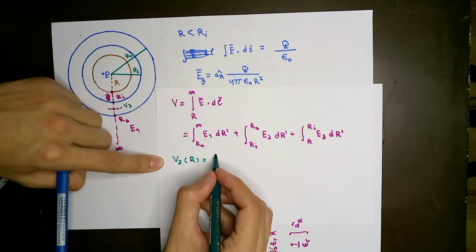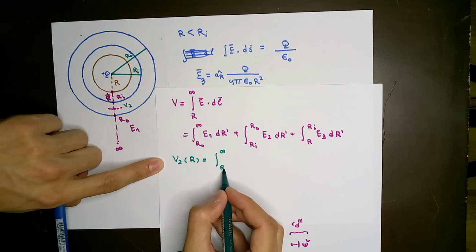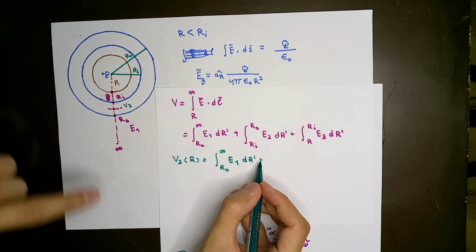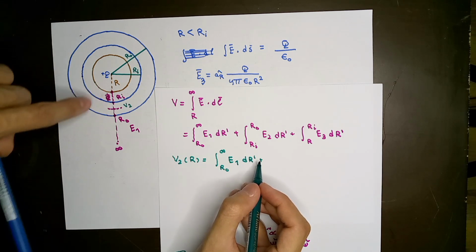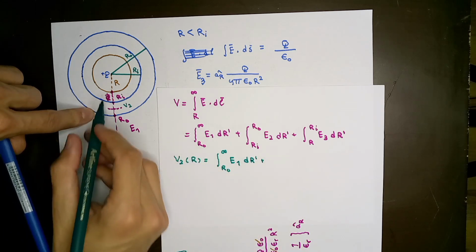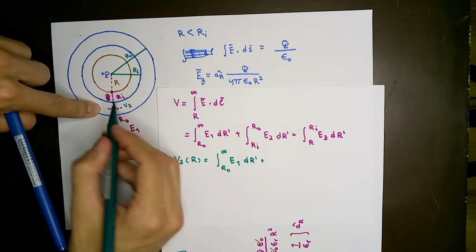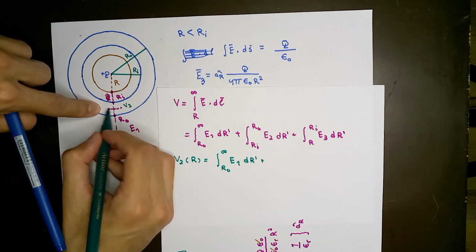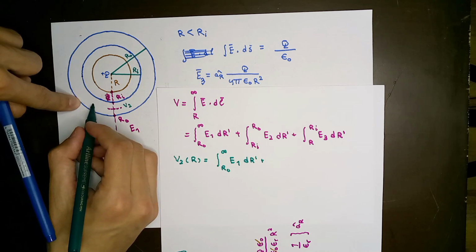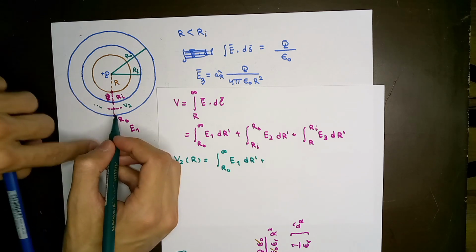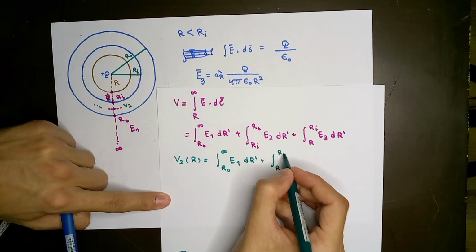It was equal to the integral from infinity to r sub o, plus the integral between r sub o and r. In this case, r is the Gaussian surface from the previous part of this problem, when we were calculating the electric field, so it was between r and r sub o.